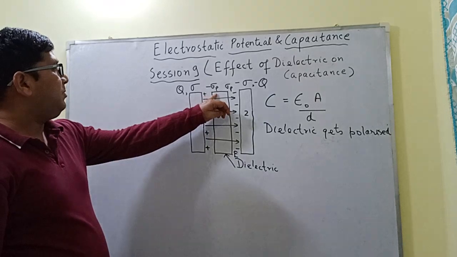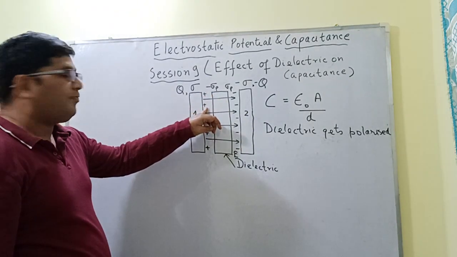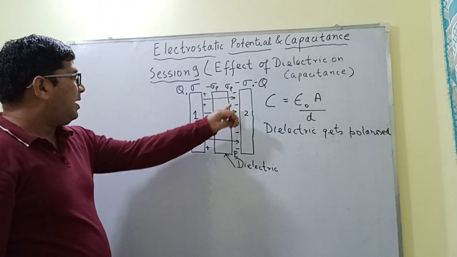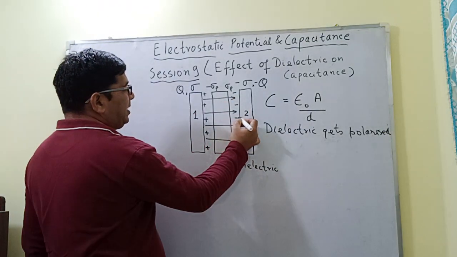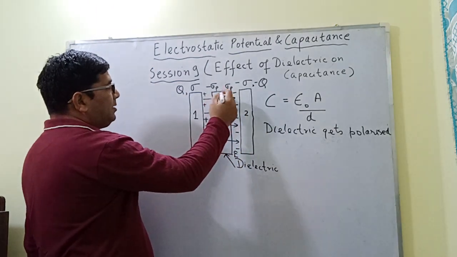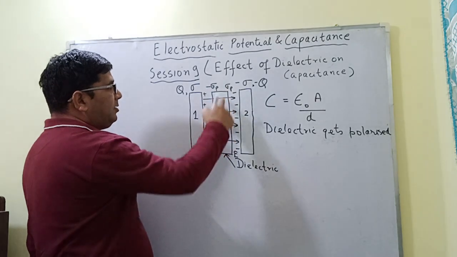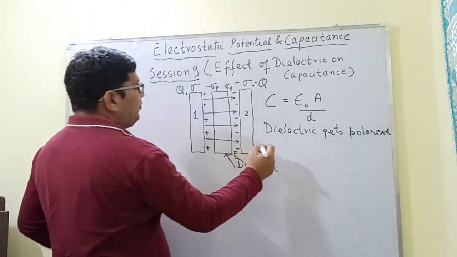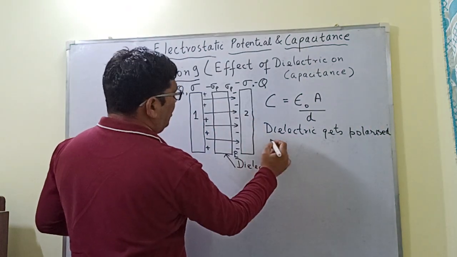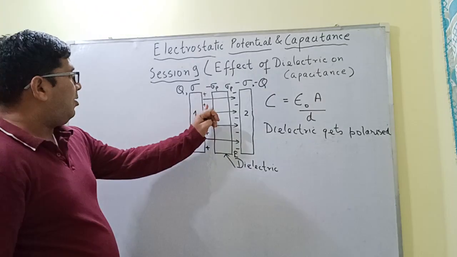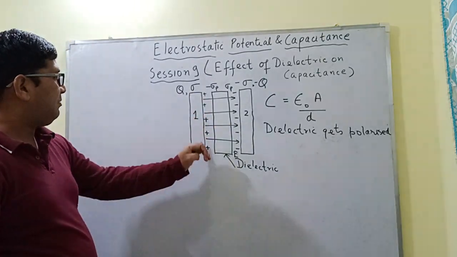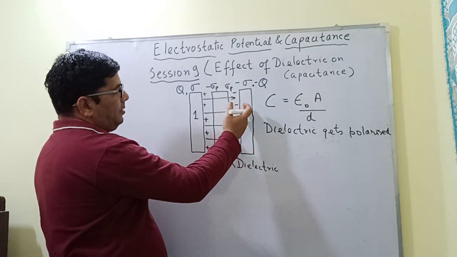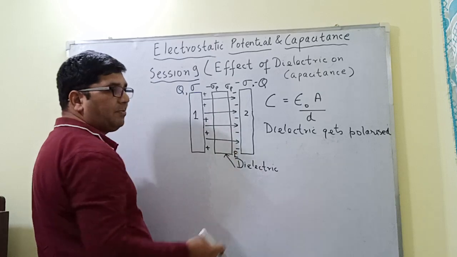Because of the positively charged conducting plate, a negative charge is induced on this side of the dielectric, and because of the negatively charged conductor number 2, a positive charge is induced on the other side. So the surface charge density of the dielectric towards the positively charged conductor is minus sigma p, and towards the negatively charged conductor is sigma p.